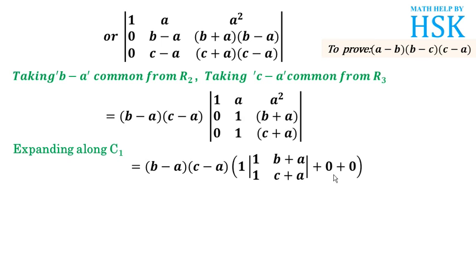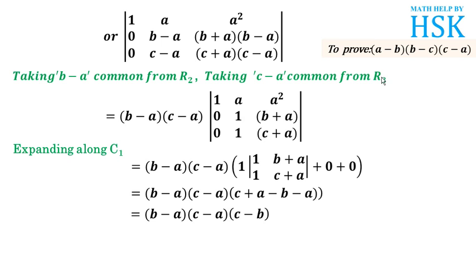They would be equal to 0, so plus 0 plus 0. Now expanding this determinant, we obtain (b − a)(c − a)[(c + a) − (b + a)]. The a cancels out, so this is equal to c − b.